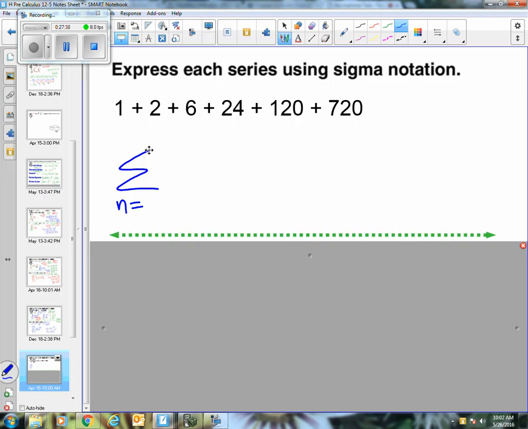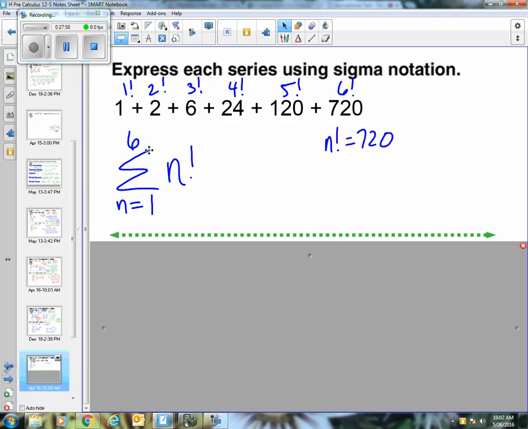Okay, hopefully you came up with n factorial. This is 1 factorial, 2 factorial, 3 factorial, 4 factorial, 5 factorial, and 6 factorial, which means I'm starting at term 1, I'm going to term 6. So we're trying to figure out what factorial that last number is. So remember, set it equal for that rule. So being able to recognize other sequences that grow is really helpful.